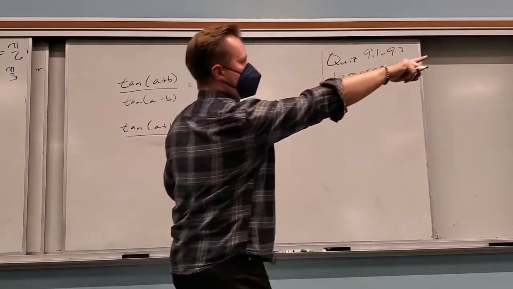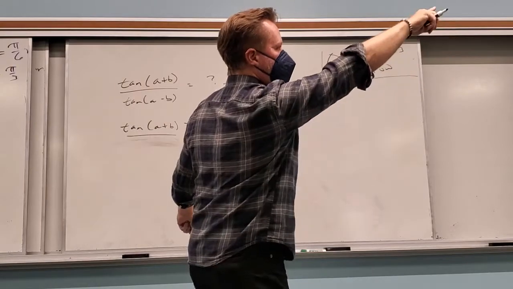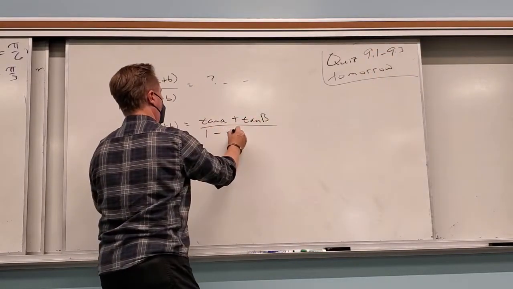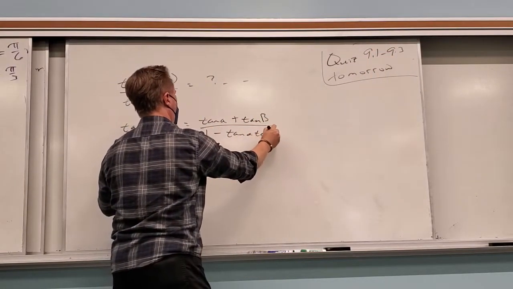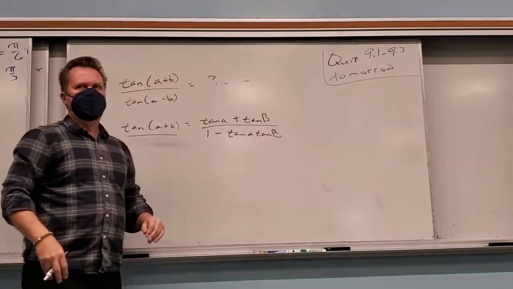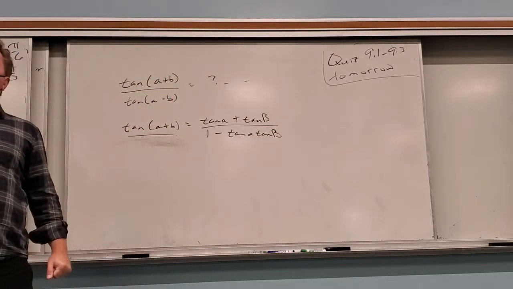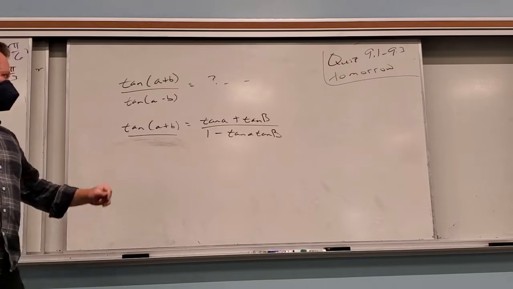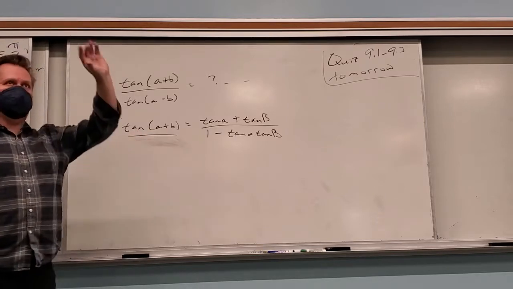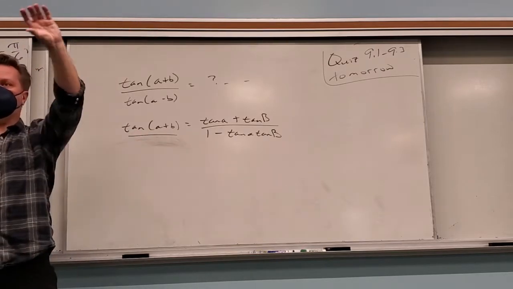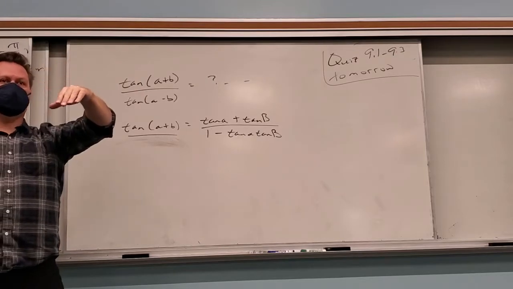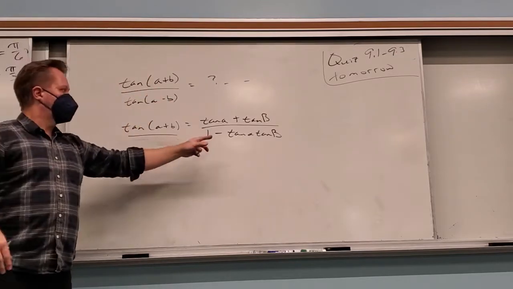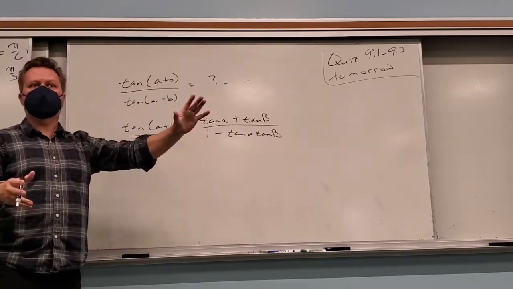On the bottom of this goes 1 minus tangent a, tangent b. And again, to prove this, I would take sine of a plus b, which we know that you're supposed to memorize that formula, divided by cosine of a plus b, and simplify it, and I would end up here. Not a big deal, right?